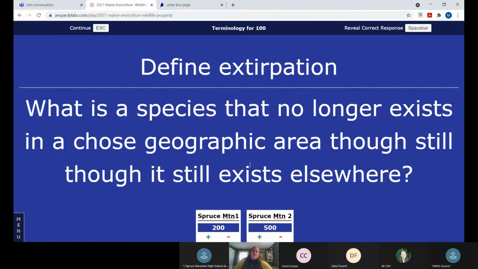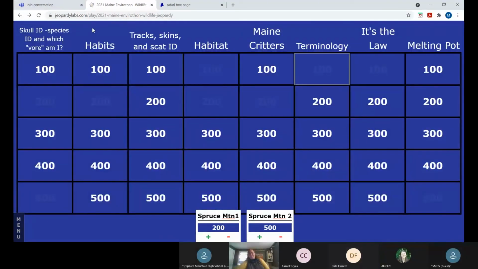U.S. Fish and Wildlife Service declared the eastern cougar extinct a few years ago. But up to that point, they had been defined as extirpated. Wolves are considered extirpated. And there's some other species listed on Inland Fisheries website too.